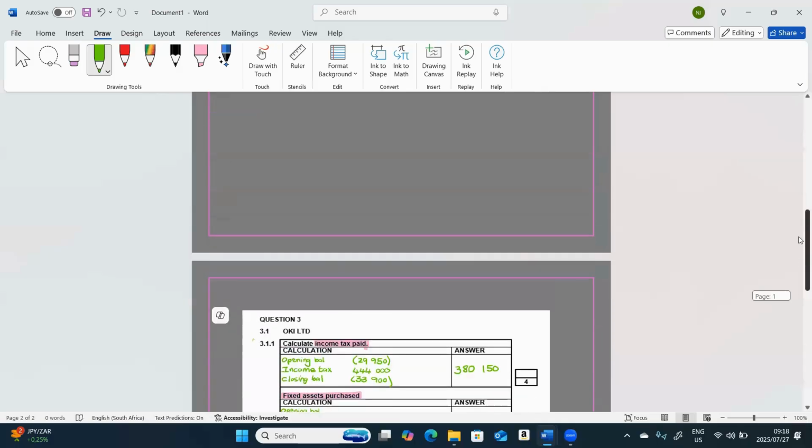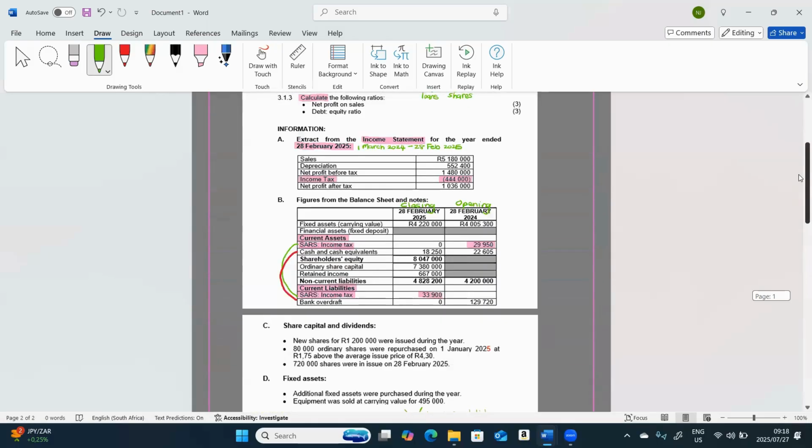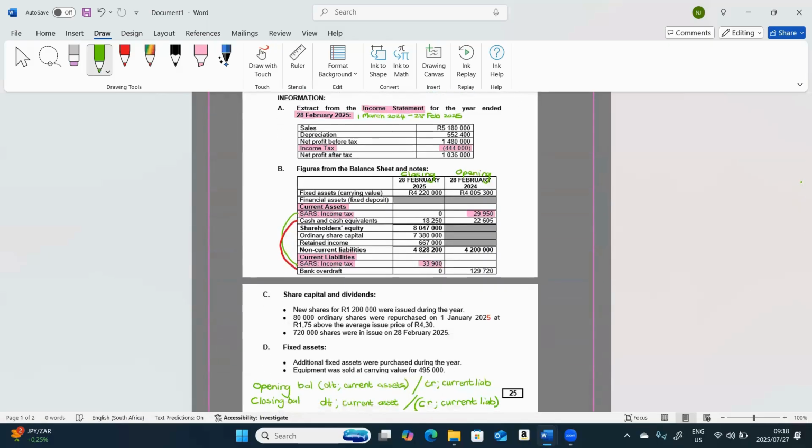Let's just quickly think logically about this. The balance that is provided over here on our balance sheet. Can you see here is our fixed assets, right? But look what they say. They say fixed assets at carrying value. So what does carrying value mean? It means cost less accumulated depreciation. Okay, that is very important. You have to read very carefully, right?